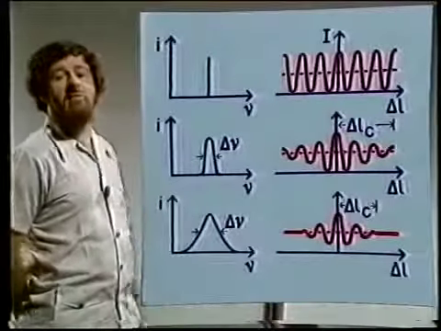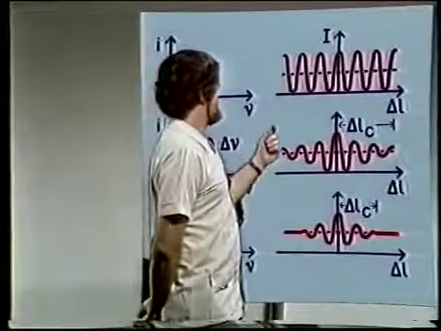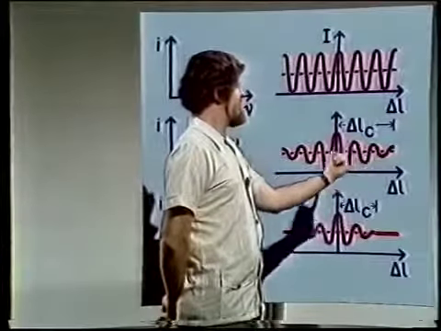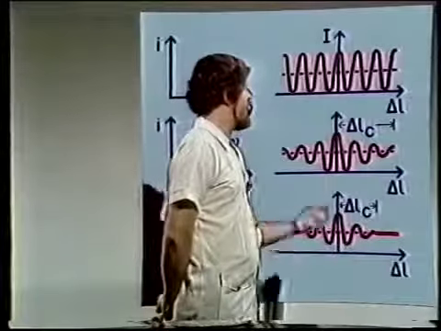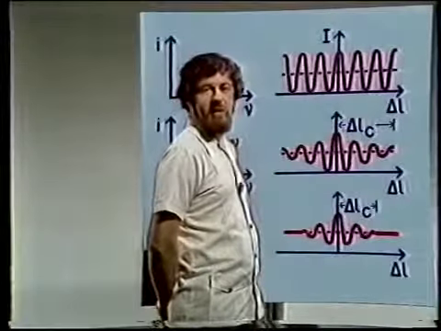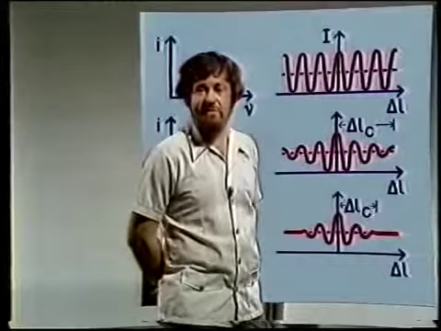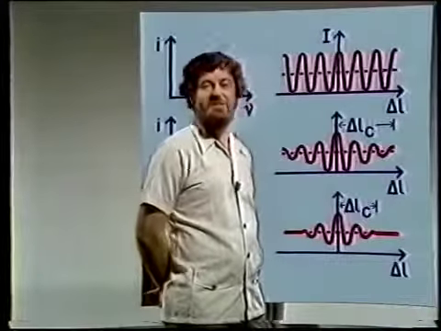Now, first of all, I want to start off by looking at something associated with the interferograms. Notice that there's a characteristic distance, delta LC, over which the fringes vanish. It's small here, larger here, and it's actually off the board there. Now, in terms of the apparatus, this means that there's a characteristic path difference over which the 2 beams, when they come together, give rise to 0 visibility fringes.